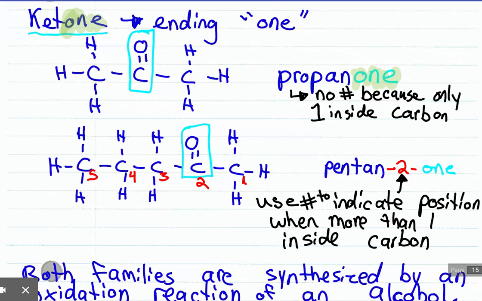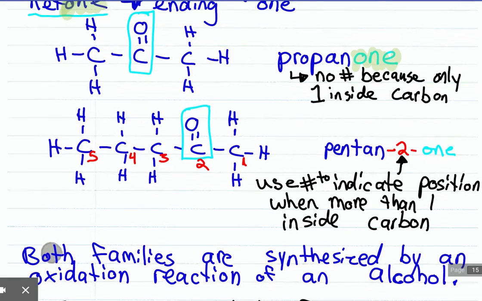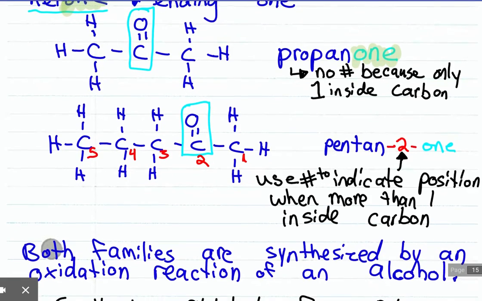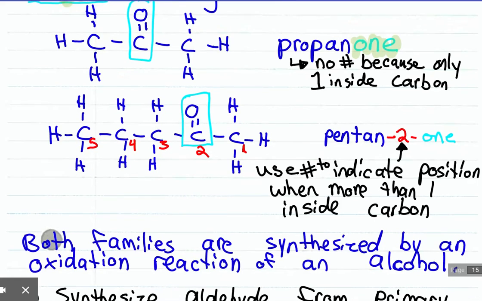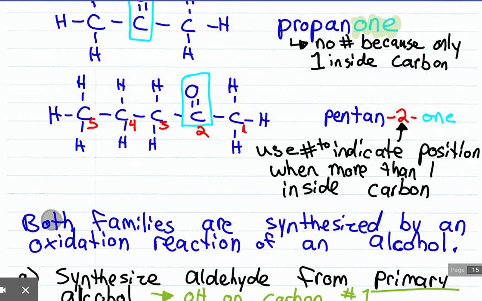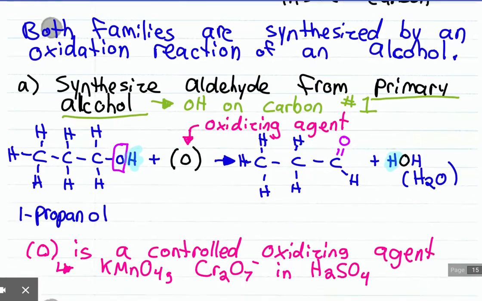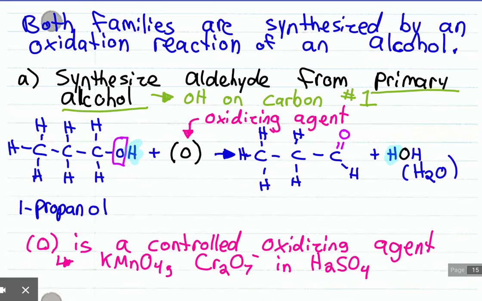All right, so let's look at our families. Both aldehydes and ketones are synthesized by an oxidation reaction of an alcohol. So let's look at what this means. I would maybe copy this down and then listen. All right, so we're going to synthesize an aldehyde from a primary alcohol.